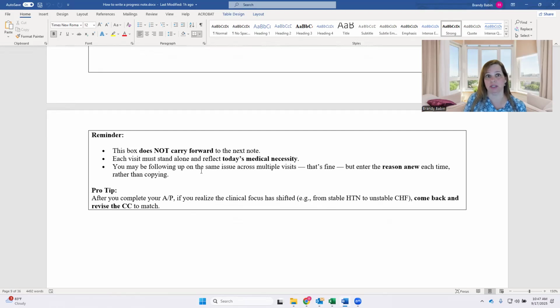It might be a different chief complaint. So everything needs to be specific and based on why we're seeing the patient today that meets medical criteria. So the box doesn't carry forward. It's based on today. And you may be following up on the same issue. So your first assessment and plan and chief complaint would be UTI.